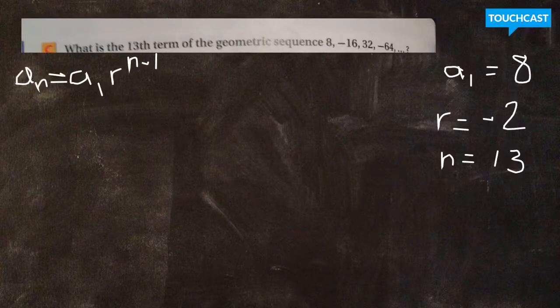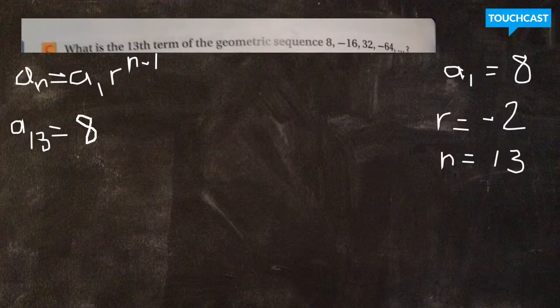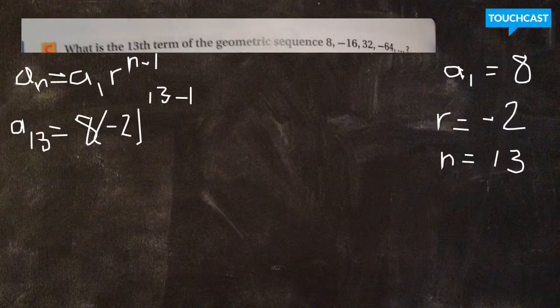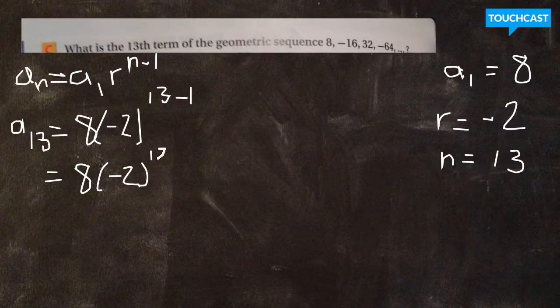Now that we know the first term, the common ratio, and the value for n, we can plug all of those values into our formula. So we're looking for a sub 13 is equal to 8 times negative 2 to the power of 13 minus 1, or 8 times negative 2 to the power of 12.